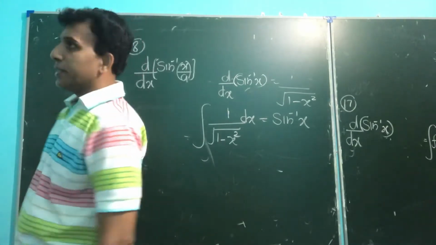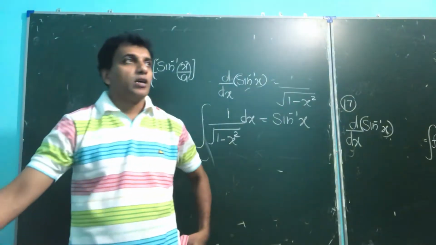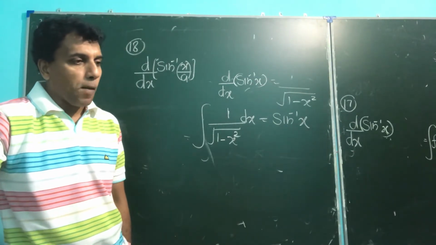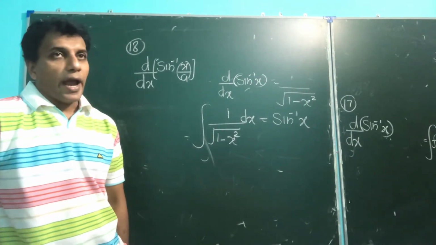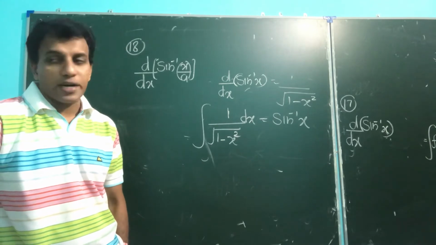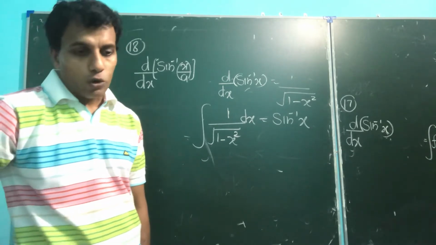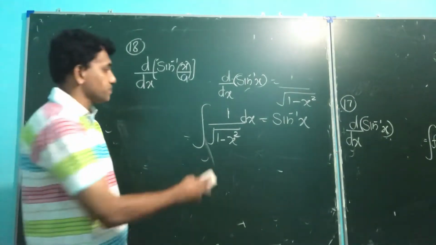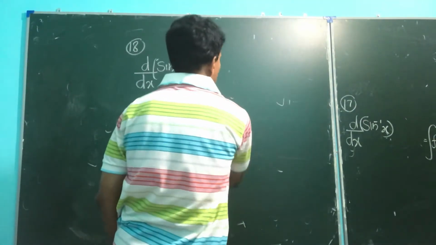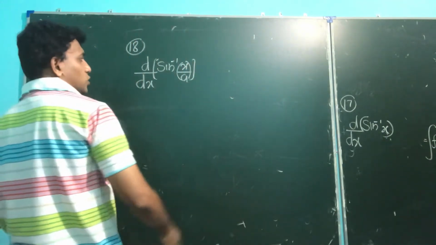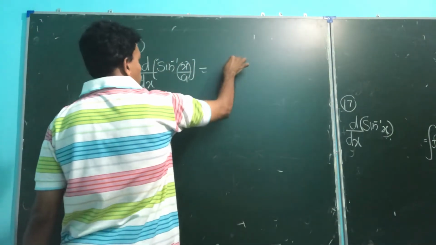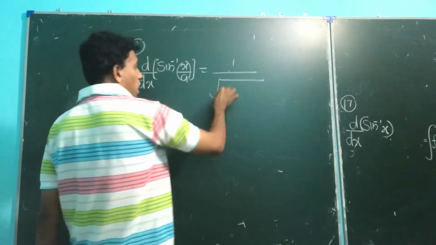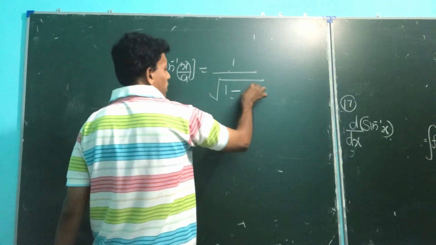So what is the sine inverse differentiation? 1 over square root of 1 minus x square, and if there is any other function inside, differentiate that also. That completes the differential coefficient. Sine inverse x over a, what is the answer? 1 over square root of 1 minus x square.